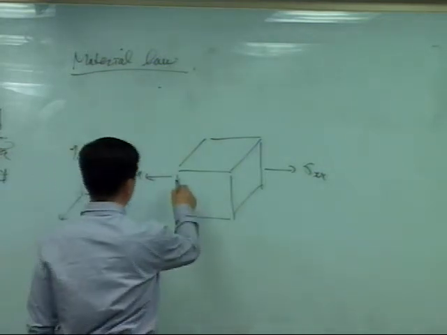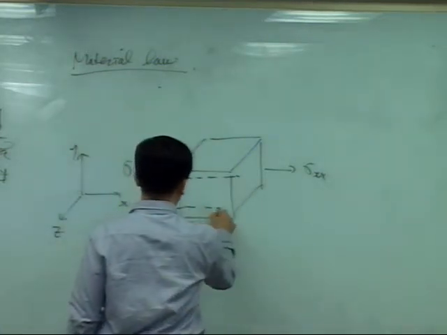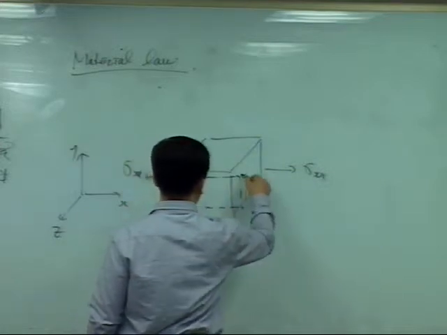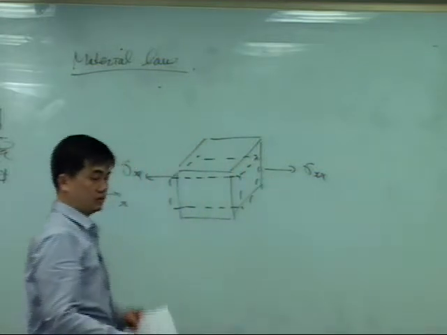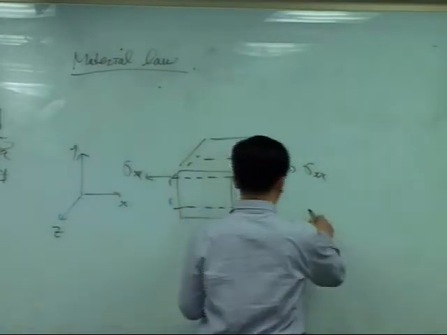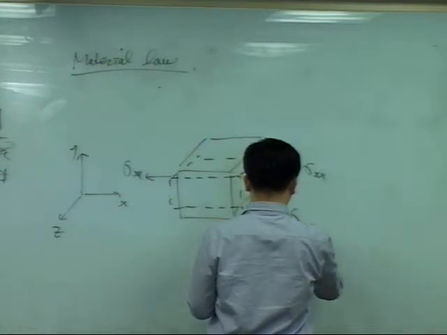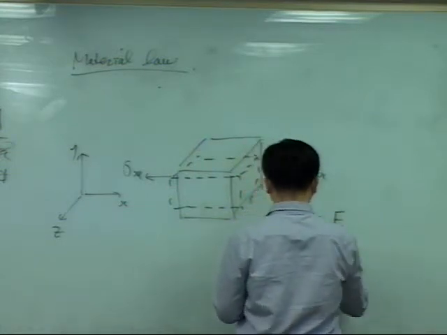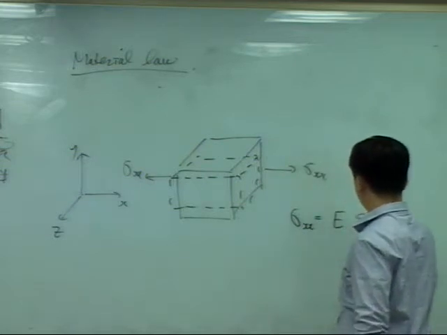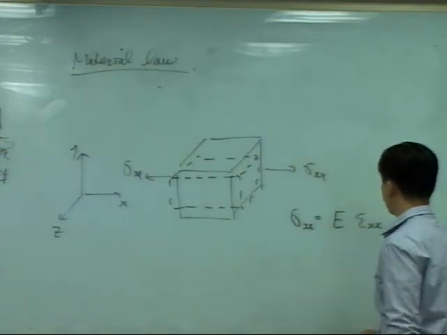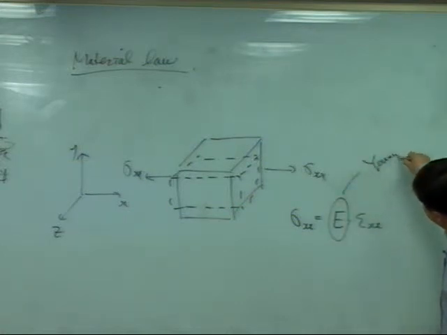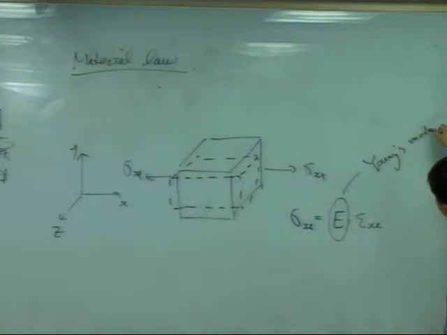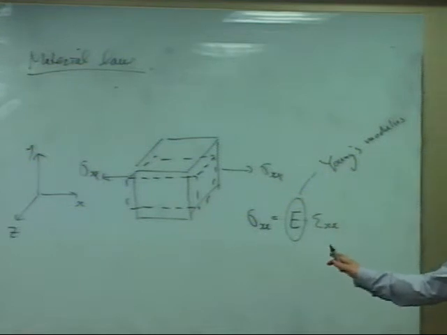Then this cube will deform, stretching in the X direction, right? From the experiment, we can calculate the relationship between strain XX and stress XX. It's Young's modulus. Everybody knows about this. Okay, no question.